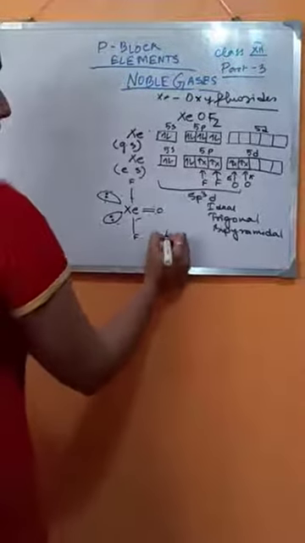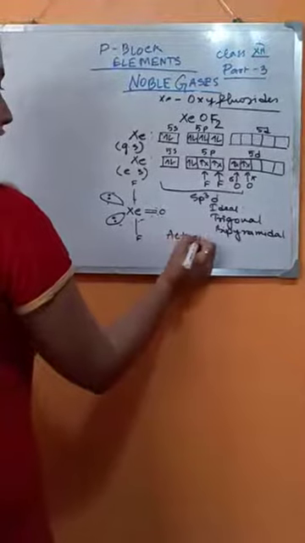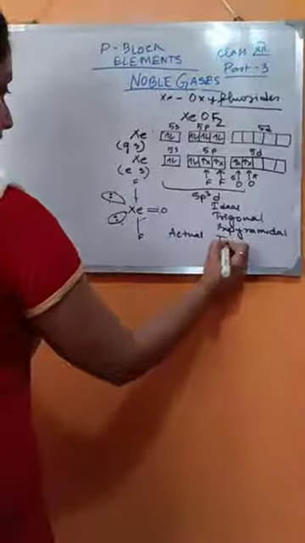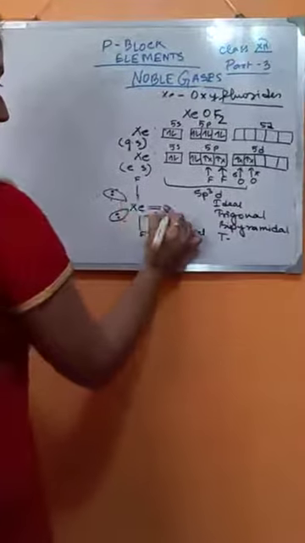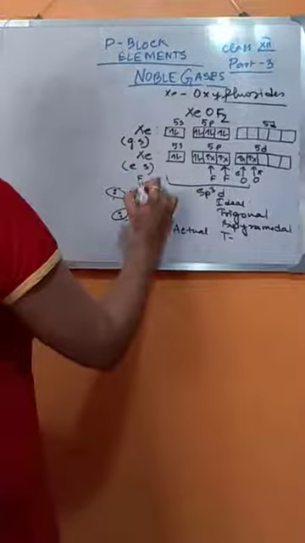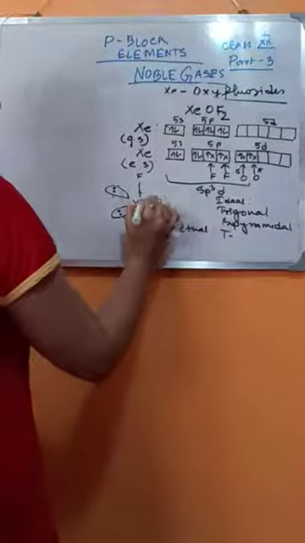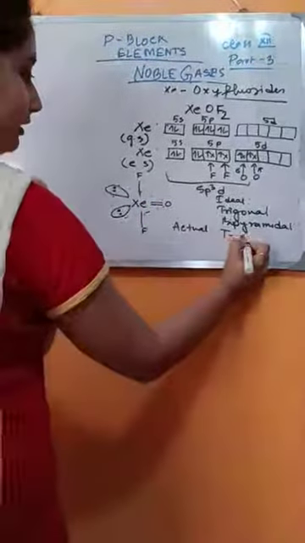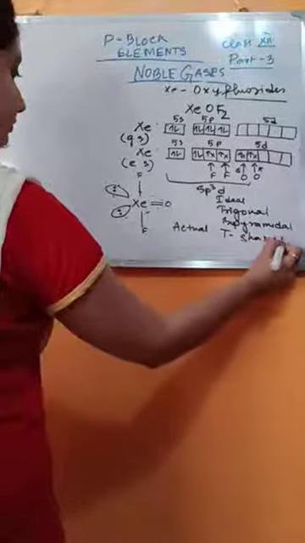So the actual structure is T-shaped. See, if this is inverted like this, then this will be the upper part and this is the straight line: T-shaped.